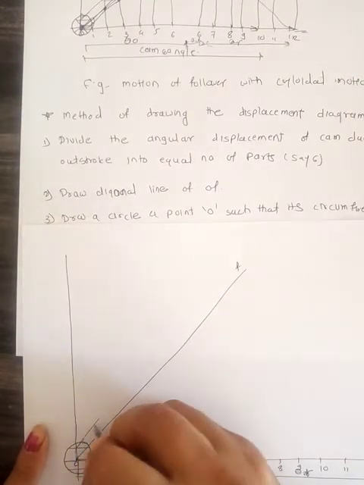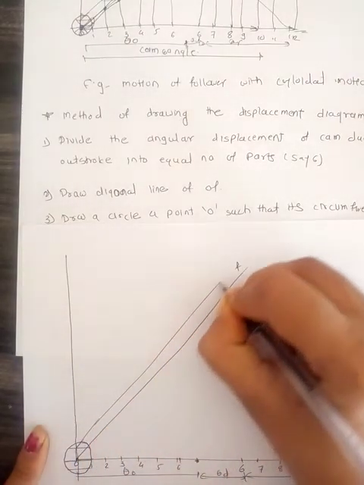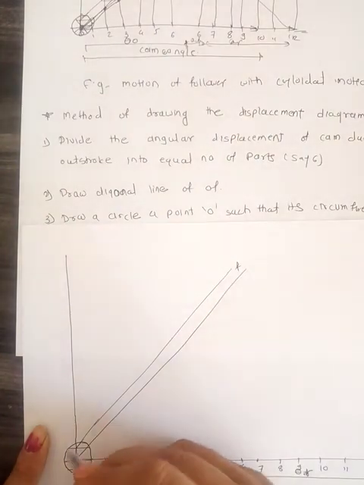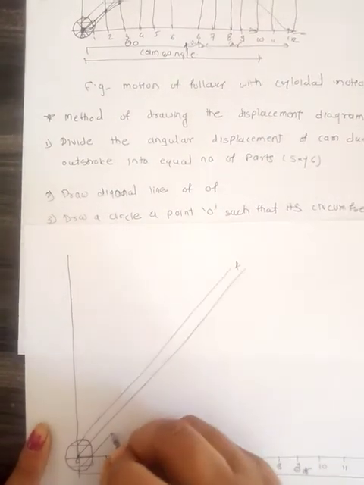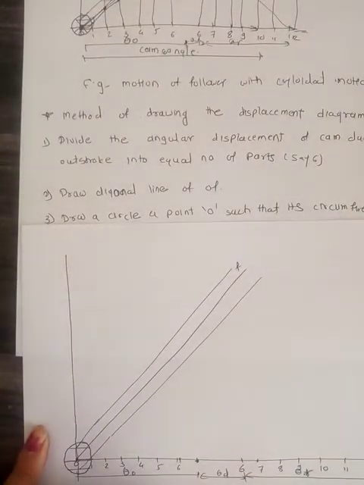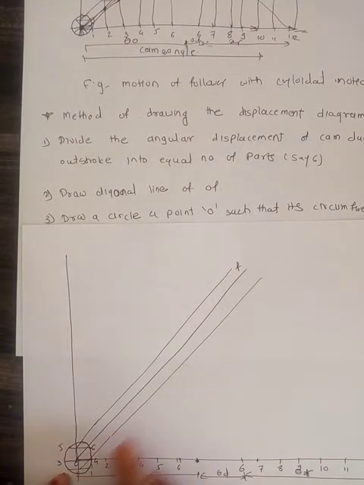OF is divided into these 6 parts, that is 1, 2, 3, 4, 5 and then 6. This is the cycloid with 6 parts.